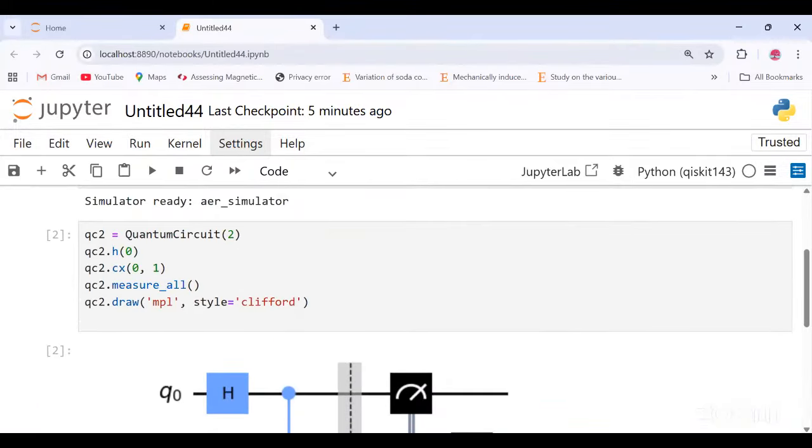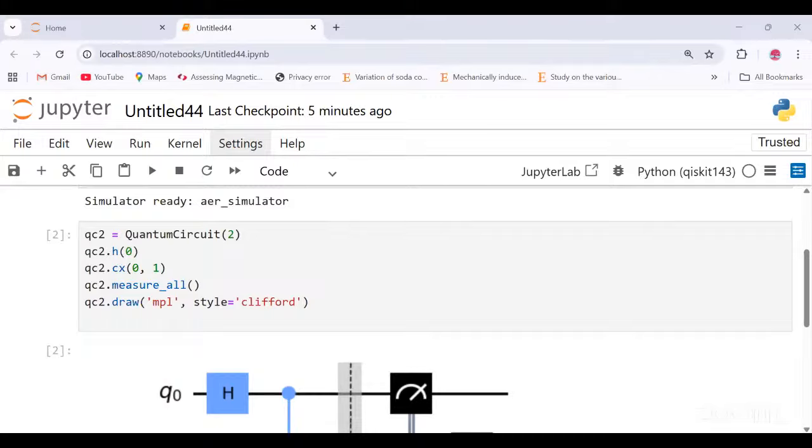So we have written one code here. What was the code? We try to create an entanglement, and entanglement is the most iconic quantum phenomenon. We applied a Hadamard gate to qubit zero, and we know that the Hadamard gate, when applied to zero, creates a superposition state, the plus state. Then we apply a CNOT with qubit zero as the control and qubit one as the target.